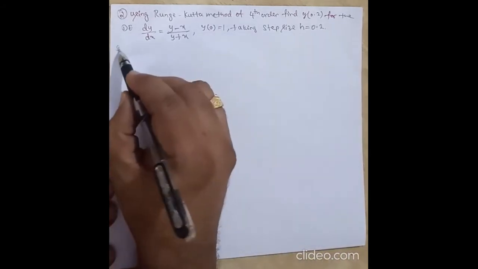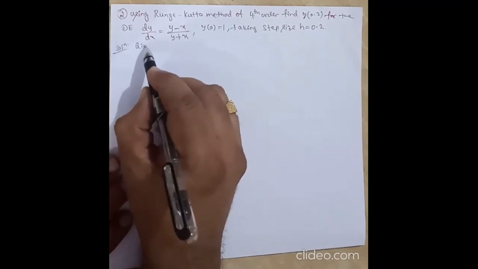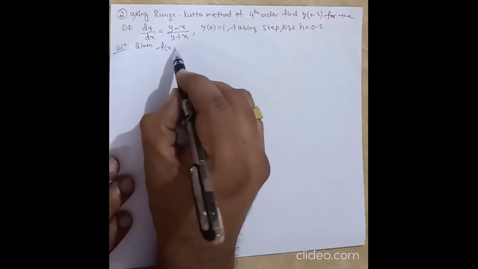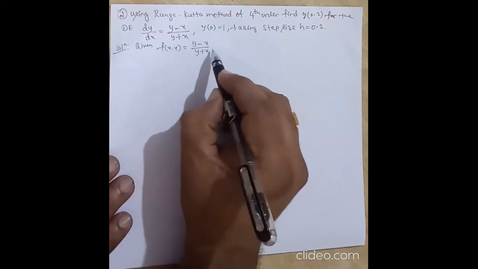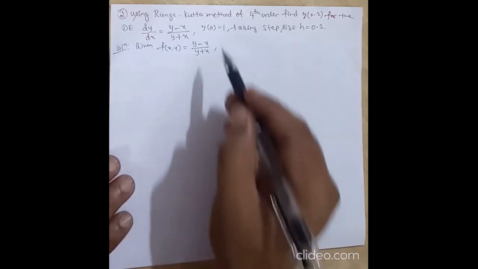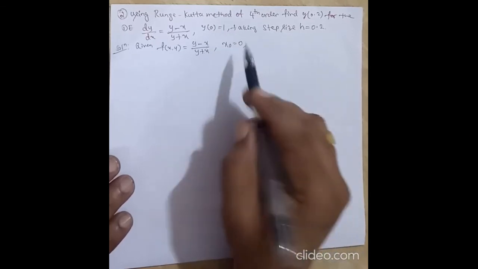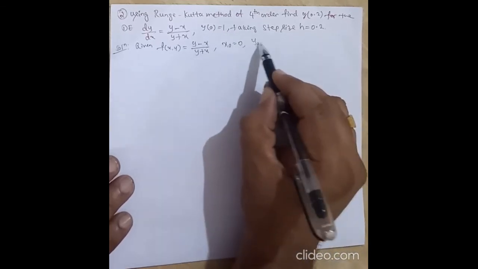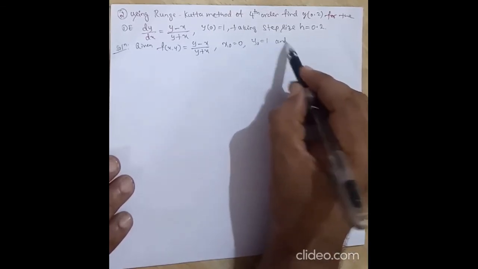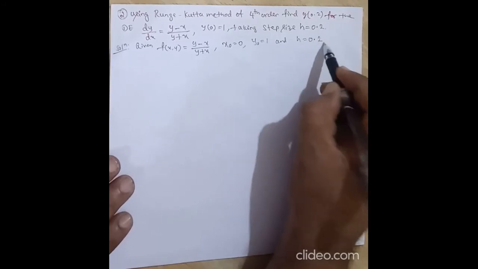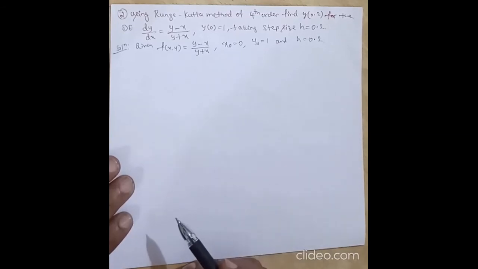Now here, you know dy by dx can be considered as f of x comma y, so it is y minus x by y plus x. Initial conditions, see x naught is this value 0, comma y naught is 1, and in this case the step length is h is equal to 0.2. So this is the initial data given.